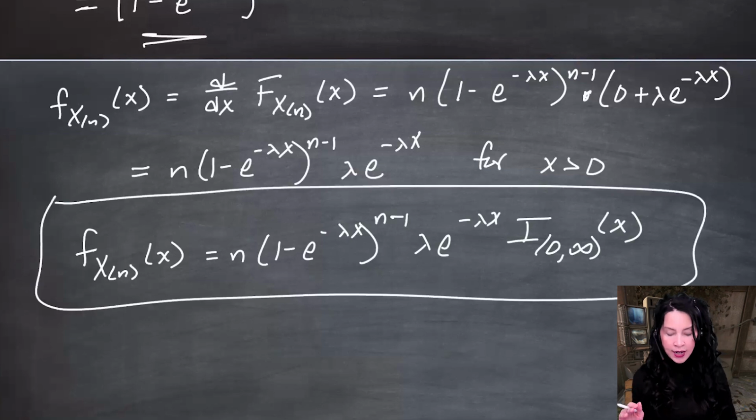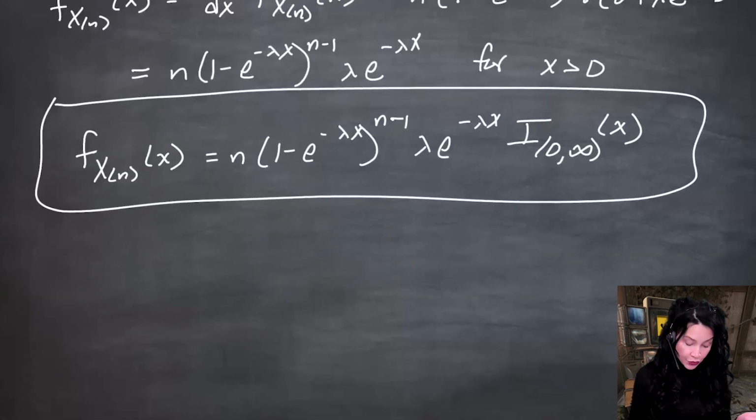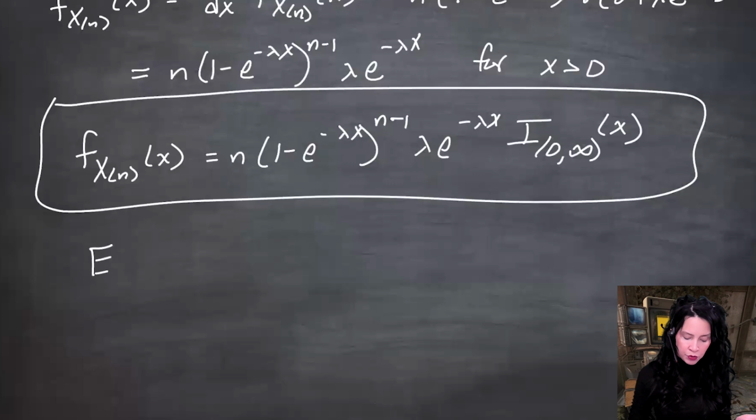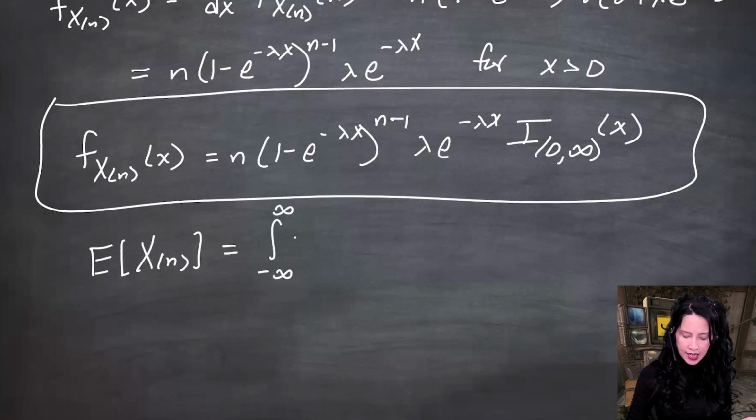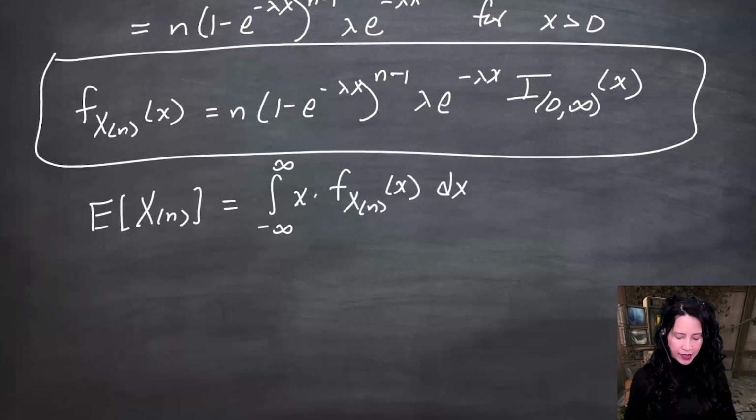This does not have a name, but if someone asked you maybe for, this would be horrible, the expected value for this, you would just integrate from minus infinity to infinity x times the PDF for the maximum. I'm not going to do the integral. The limits of integration would cut off between 0 and infinity.